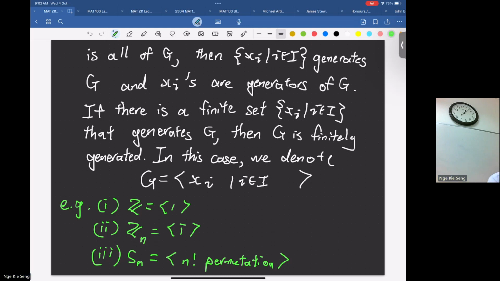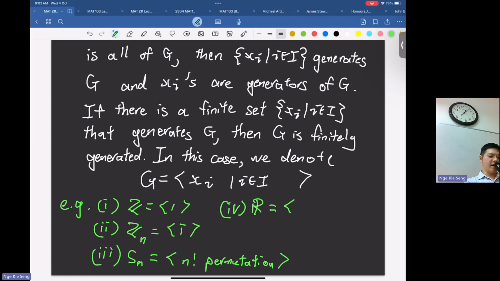What else? For example, can R be finitely generated? Is R an infinite set or a finite set? Infinite set, right? But Z is also an infinite set, yet it's finitely generated. How about R?